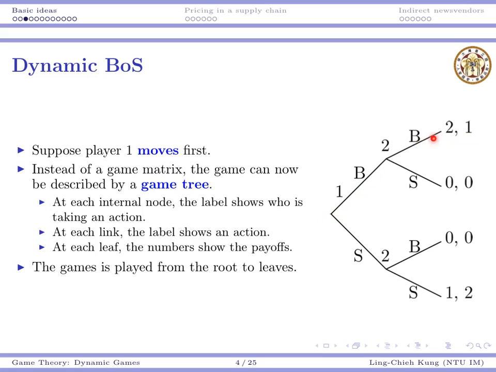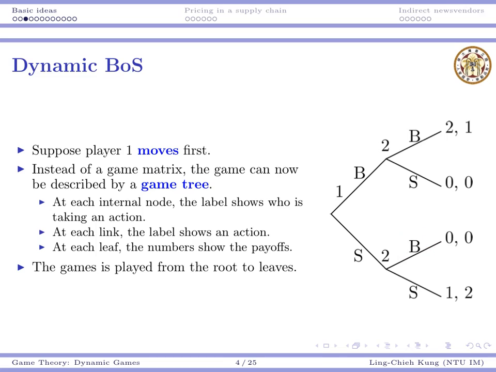If both of them choose B and B, then they will get 2 and 1. Or if they choose S and S, they will get 1 and 2. That's something we already know. Or if they choose differently, then they get nothing. So the payoff part and the decision parts are all the same. It's just that now the timing for playing the game becomes different.